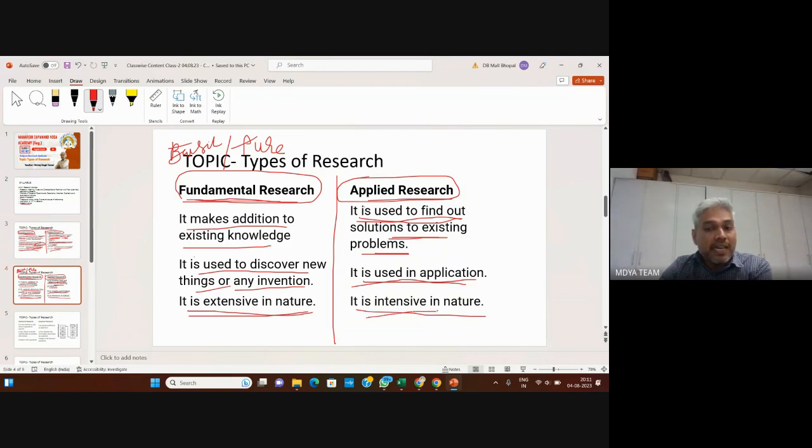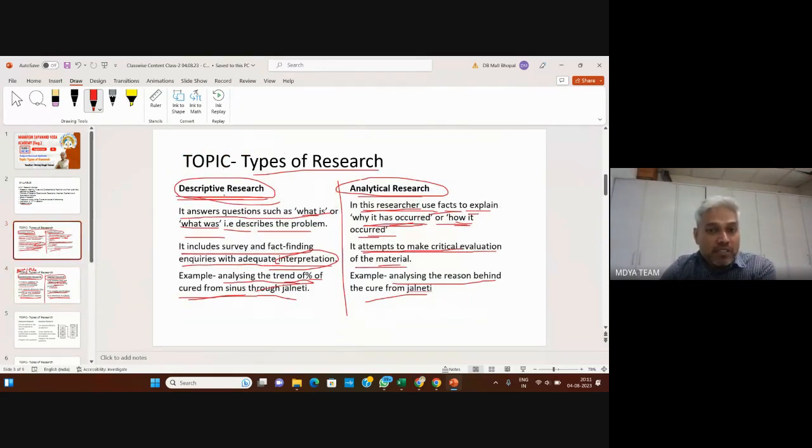It is intensive in nature. So we have completed 4 types of research. First was descriptive research, and in comparison to descriptive, we have learned about analytical research, where descriptive research says what is and what was, and basically it describes the problem.